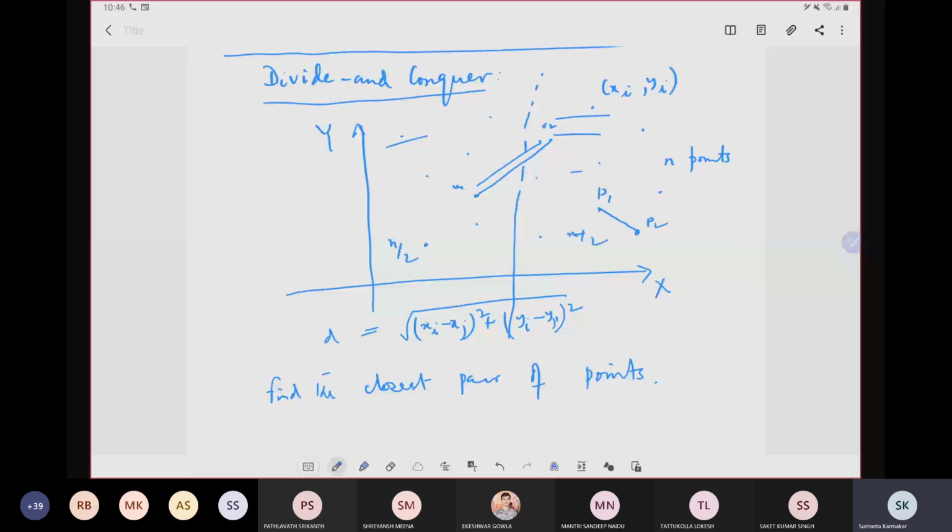Then if I add some function f of n here, and if I can find the closest pair of points for the whole set of points, then my problem is done. This is the idea.